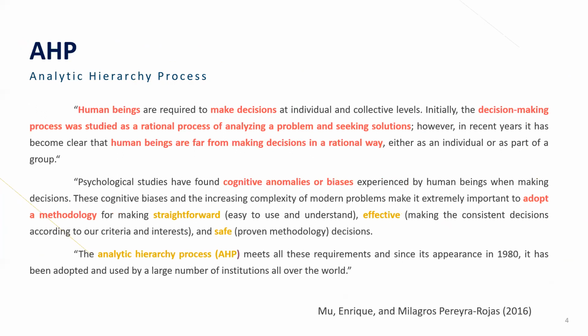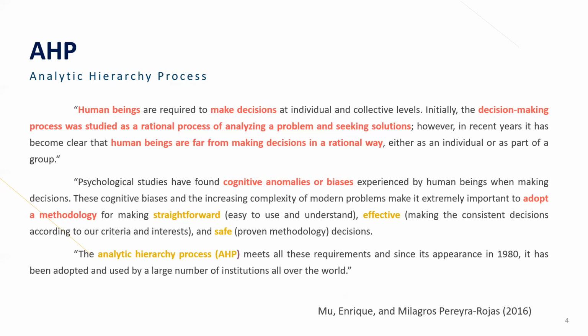So I really appreciate what they write here, so I think it's a nice idea if I can cite it for you, the statement that they make related to the AHP or analytic hierarchical process. So this book mentioned that, well, you know that human beings, everyone makes decisions, right?